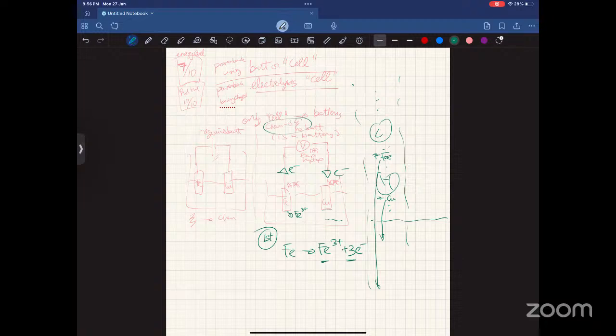Can you accept that the solution is the other guy reacting? It won't be Cu. Cu cannot accept electrons, it will never accept electrons to become Cu minus. Never in its life.